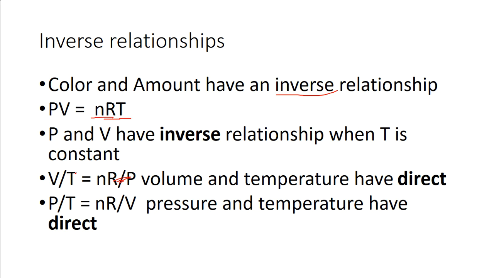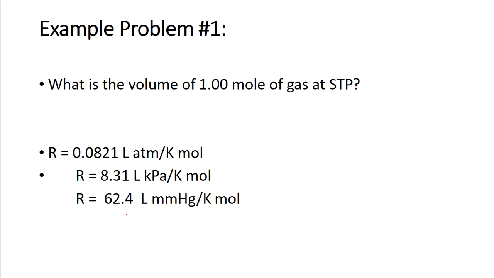But if the constant is 2, so if we say this is 2, then V equals 2, T equals 1. If V equals 4, we have to raise temperature to equal 2 as well. So T goes up to 2. So 4 over 2 equals 2. Anyway, the point is these have a direct relationship and these have a direct relationship when volume is constant. That's just the way it works. Not necessarily something you have to know.